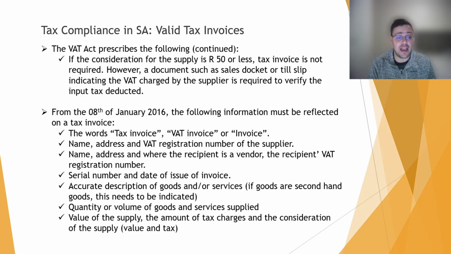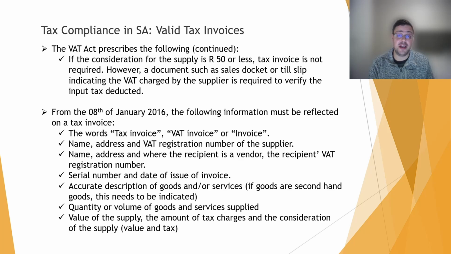From the 8th of January 2016, the following information must be reflected on a tax invoice. The words tax invoice, VAT invoice or invoice; the name, address and VAT registration number of the supplier, that's the person selling the goods or the services; the name, address and, where the recipient is a vendor, the recipient's VAT registration number, so that is your customer's details.